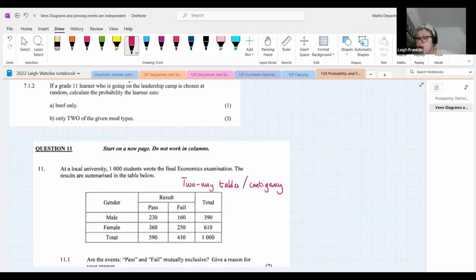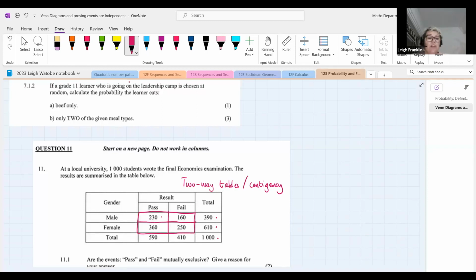Okay, so the total number of males was 390. The total number of females was 610, so the total number of people was 1,000. The number of people that passed, they were 590, and the number of people that failed, that were 410. These blocks inside here are like an area of intersection.